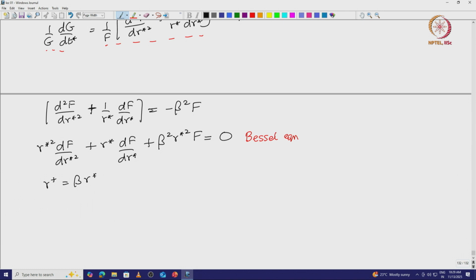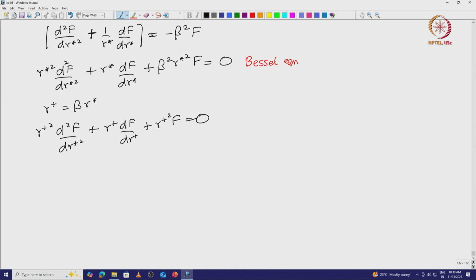So, this just becomes r plus square d square f by dr plus square plus r plus df by dr plus plus r plus square f is equal to 0.